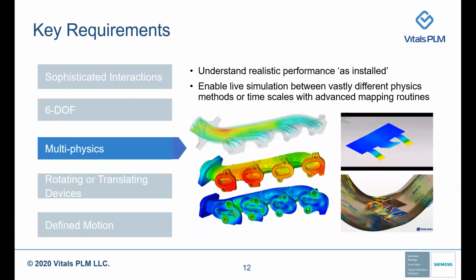Another key requirement from the industry, when it comes to modeling complex motion from the simulation point of view, is to support multiphysics. Here again, in this example, we see an exhaust system application where a static guide vane in installed configuration is undergoing some structural deformations.